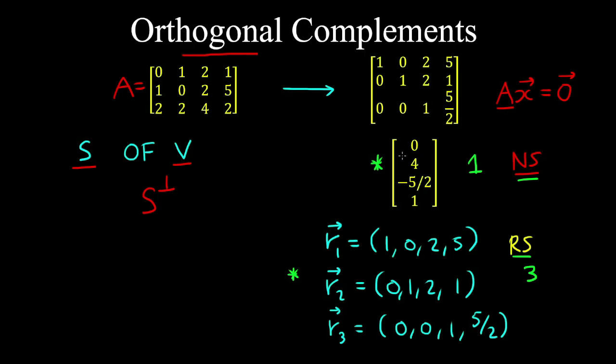And you'll be able to verify that the dot product of this basis vector with all of these basis vectors, which is the same as the inner product in this case, is equal to 0. So effectively all the vectors in the row space of A are orthogonal to all the vectors in the null space of A.